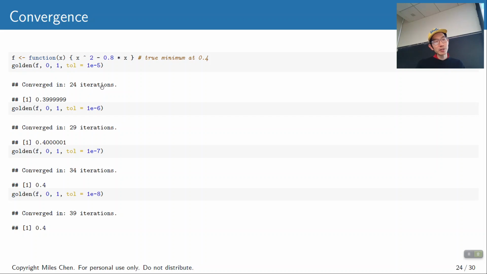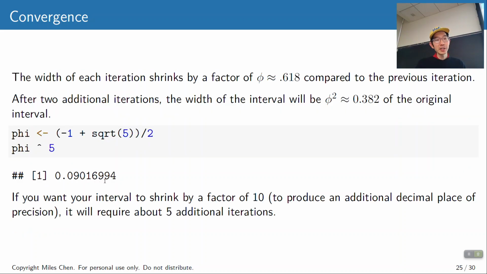And you might see every time I decrease my tolerance by an order of 10, it took me 5 additional iterations, okay? And that's because if you remember the amount we're shrinking by, the next interval is around 0.618 the size of the previous interval, right? Because we're throwing away around 0.382 every single time.